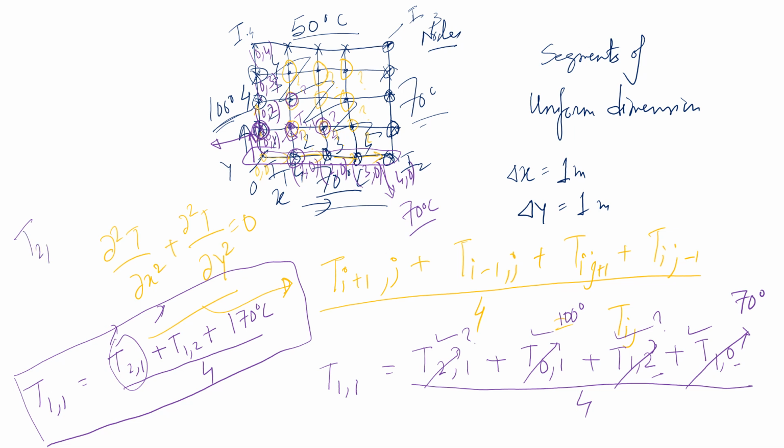So for T21, here it is T11, right? Because here also it will be I minus 1, so 2 minus 1 is 1. Here J will remain as it is. Plus I plus 1 at this point, so this will be your T31.